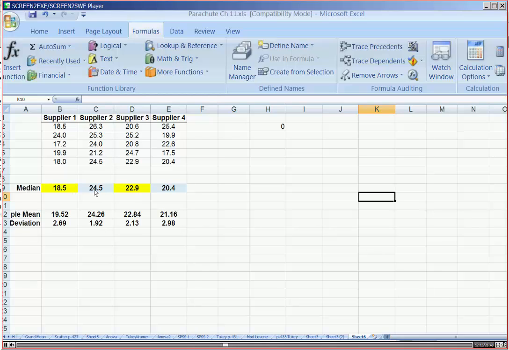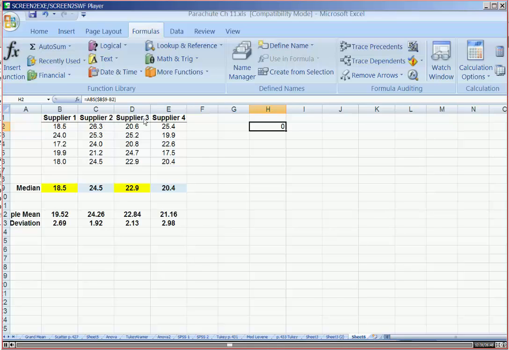So these are the medians. Next step is to calculate the absolute differences between the medians and the individual measurements. We're going to do it by using the ABS function in Excel.